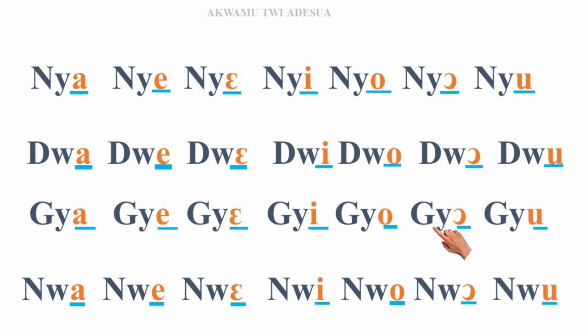And then when we introduce the vowel sound U to the J, we'll get Ju.